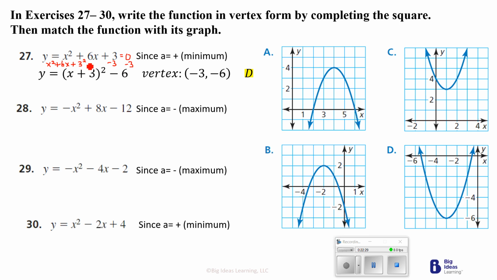And remember, whatever I add to one side, I add to the other side. So if this is 3 squared, that's really 9, so we're going to have 9 over here going to equal over here, and then we have 9 minus 3, which would give us a positive 6.